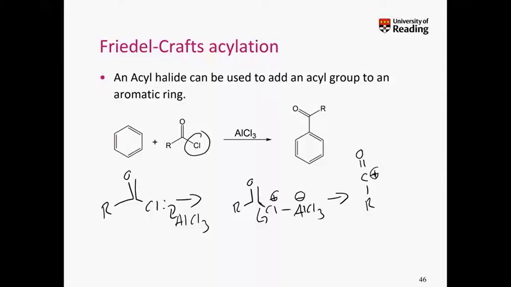Okay, and what we can also say is why does that happen? Well, there's a resonance structure here that oxygen has got lots of lone pairs of electrons, and so it can stabilize that positive charge. So the oxygen can have the positive charge as well.